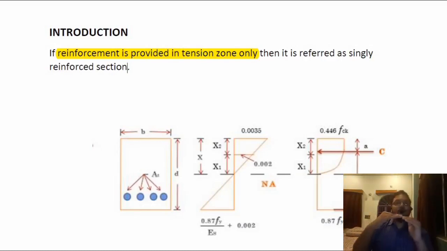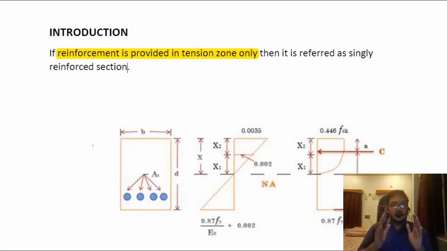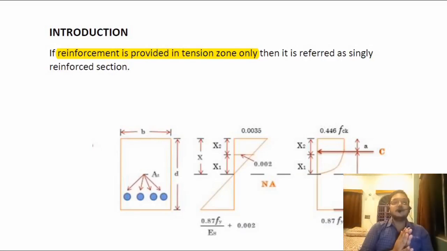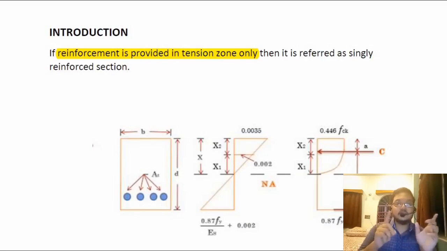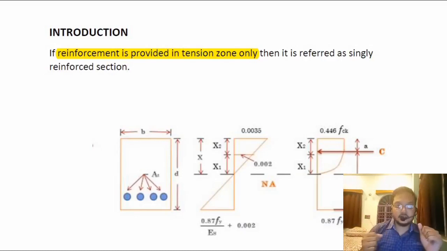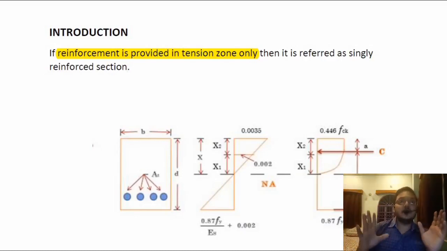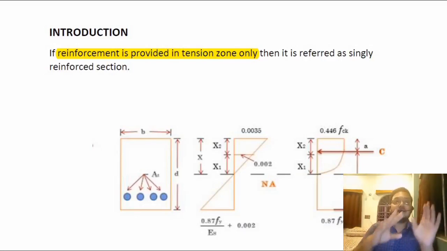So whenever we put the reinforcement in the bottom part, that is in the tension zone, we call it a singly reinforced section, and the reinforcement is only provided in the tension zone. Now we know that steel is very good in tension, whereas concrete is good for compression. So let's put the steel in the bottom part and leave the concrete section as it is for the top part.